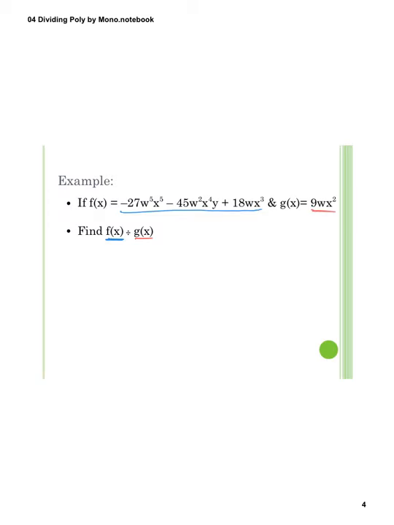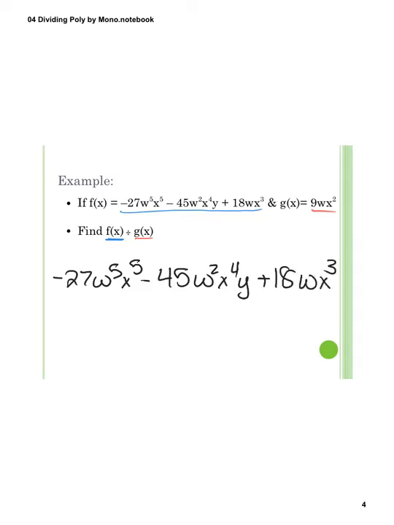So we're going to write it as a fraction: negative 27 w to the fifth x to the fifth minus 45 w squared x to the fourth y plus 18 w x to the third divided by 9 w x squared. Again, since there's 3 terms on the top, our answer is going to have 3 terms.